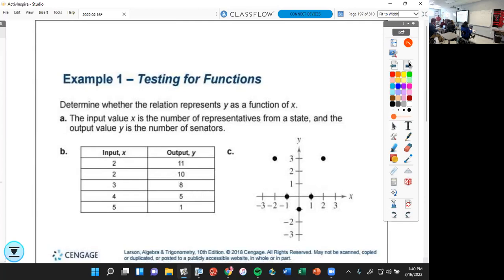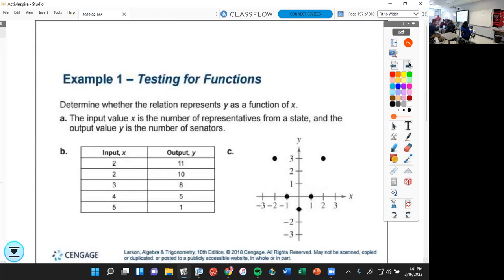The population. What determines the number of senators a state receives? There's only 2. Each state only has 2 senators. So what's the value of Y going to be? 2. So if you have 6 representatives, you have an output of 2.